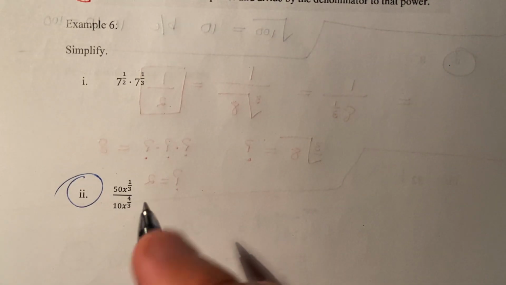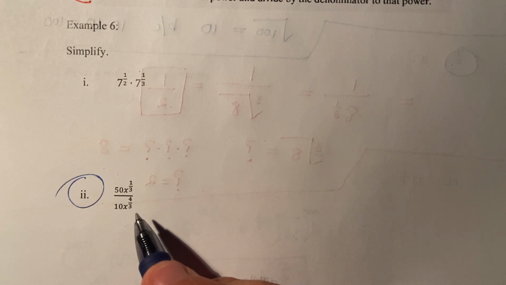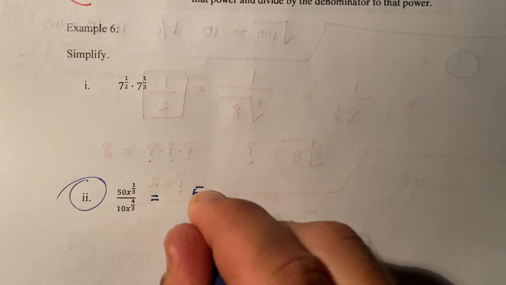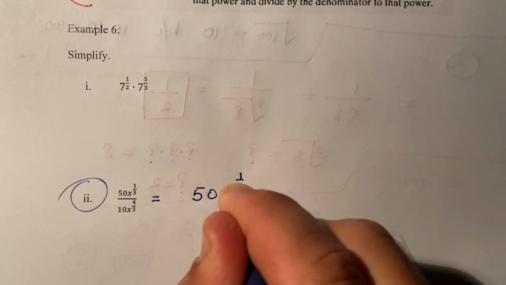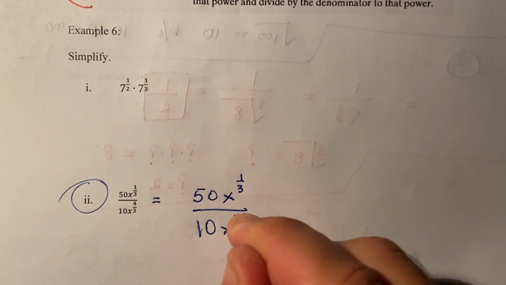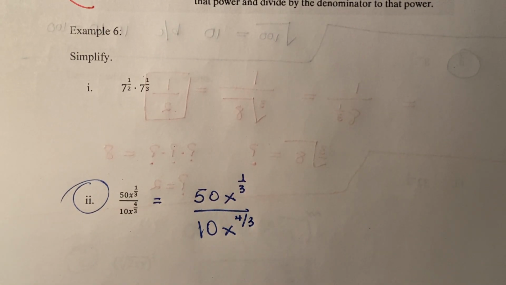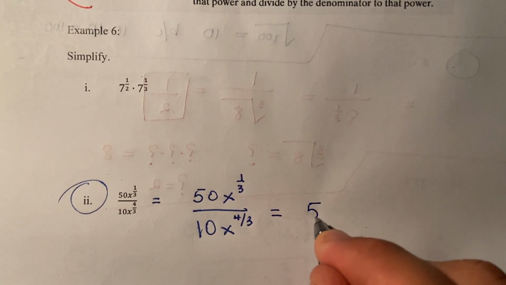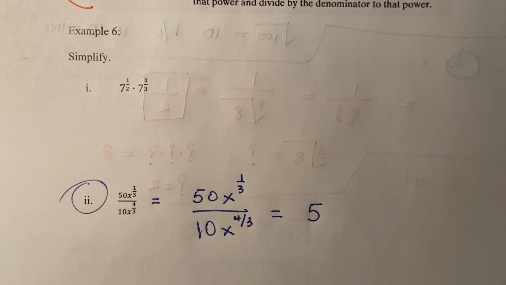So example 6, we have 50x to the 1/3 over 10x to the 4/3. It says simplify. So 10 goes into 50 5 times, so I can simplify that.